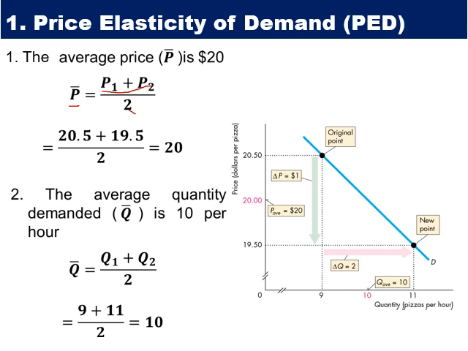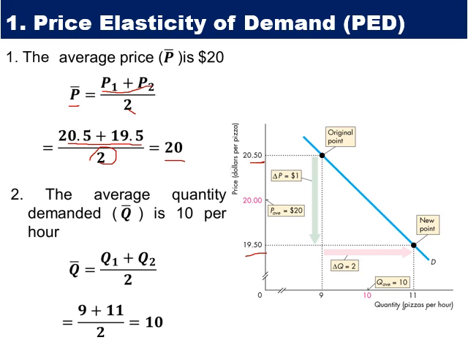And here, P1 is the first price, which equals $20.50, and P2 is the new price, which is $19.50. So here we get the sum of 20.5 plus 19.5 and divide it by 2. So average price equals 20.